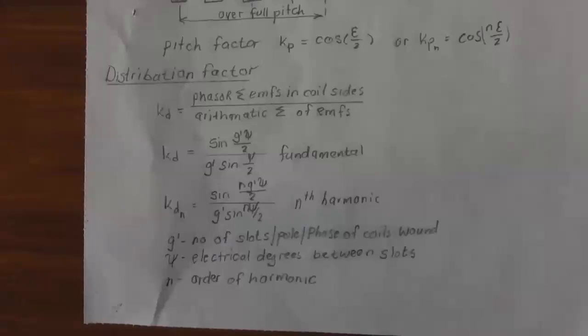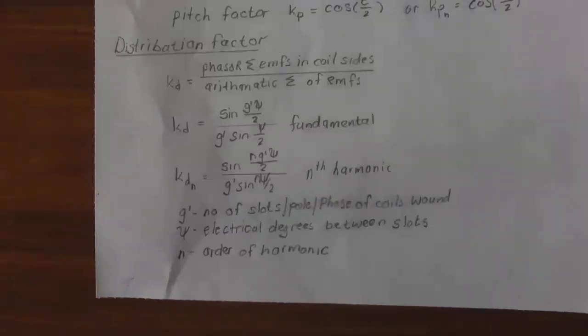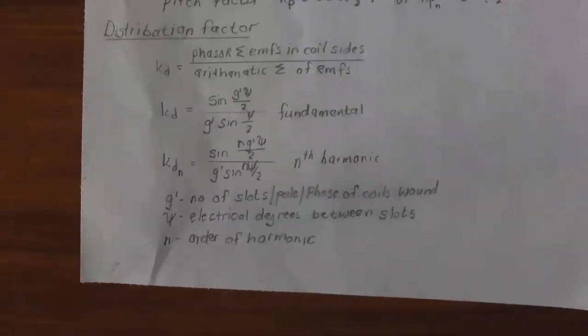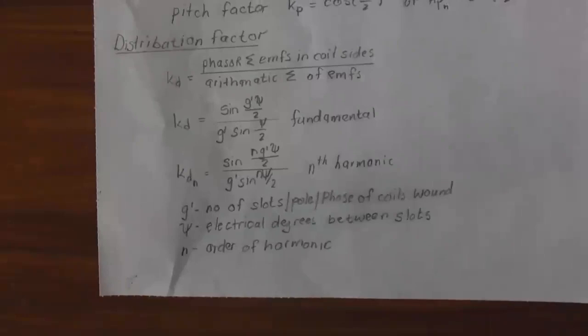If we include harmonics, then Kd at the nth harmonic is equal to sin n G dash psi over 2 divided by G dash sine n psi over 2. So there we have G dash is the number of slots per pole per phase of the coils wound. Psi is your electrical degrees between slots, and n is the order of the harmonic.